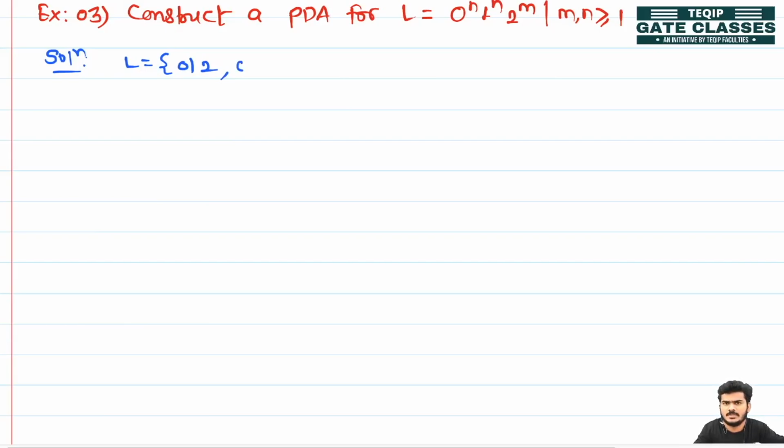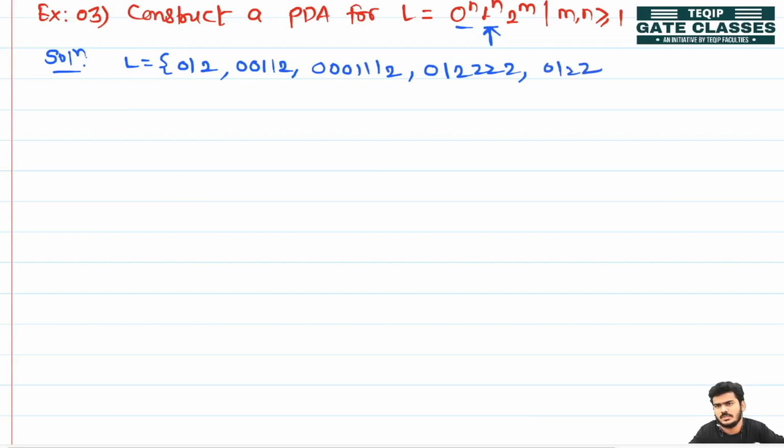The next string possible is 0 0 1 1 2, because 0 and 1 have the same power n, meaning whatever number of zeros, that number of ones should occur. So 0 0 1 1 2, again 0 0 0 1 1 2, otherwise 0 1 2 2 2 2, okay, 0 1 2 2, and the language contains an infinite number of such strings.